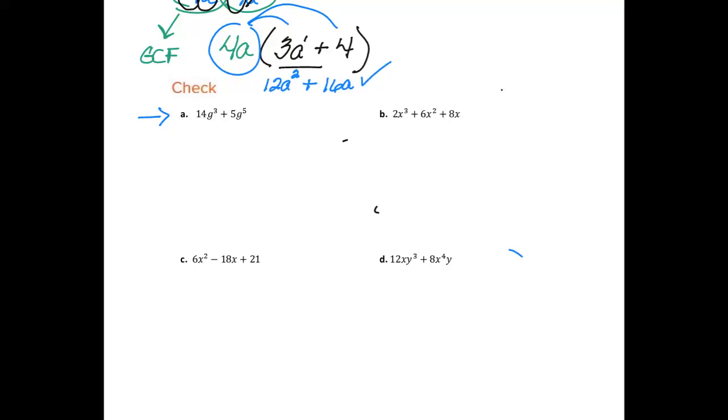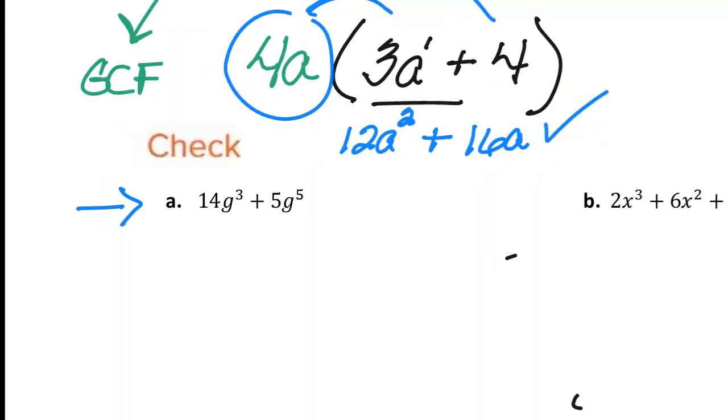Ah, that might make a difference then. And then you have this negative 2. It would be positive because. There you go. Okay, I got it. Just make sure you get them all.